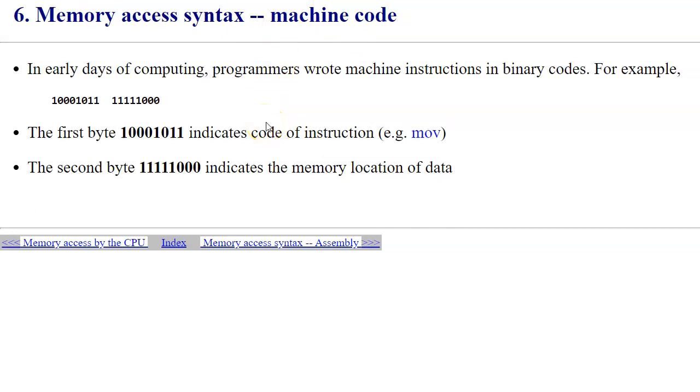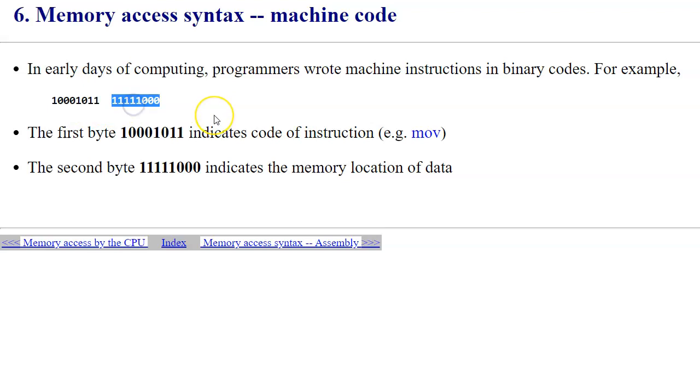In the early days of computing, programmers were writing machine instructions in binary codes. This predates the assembly programming language, which adds mnemonics to CPU instructions. Back in the day, everything had to be coded in a really hard way using just zeros and ones. So we might have a 2-byte instruction here, possibly a move instruction, for example, and the first part of this instruction would specify the code of operation. Just as an example.